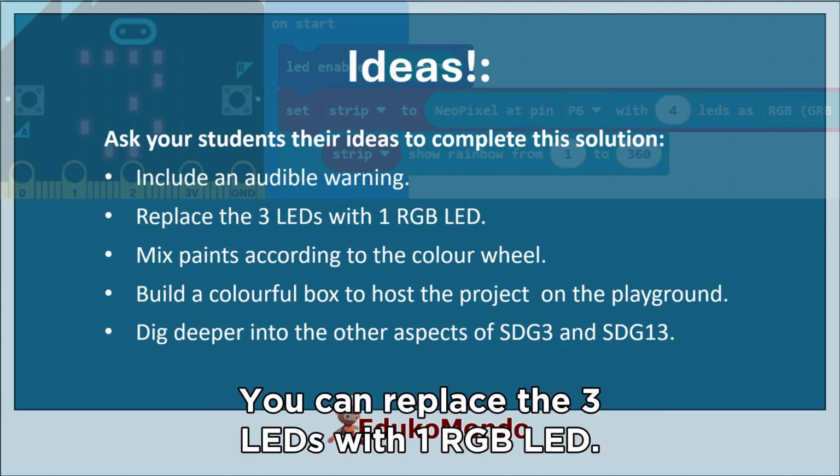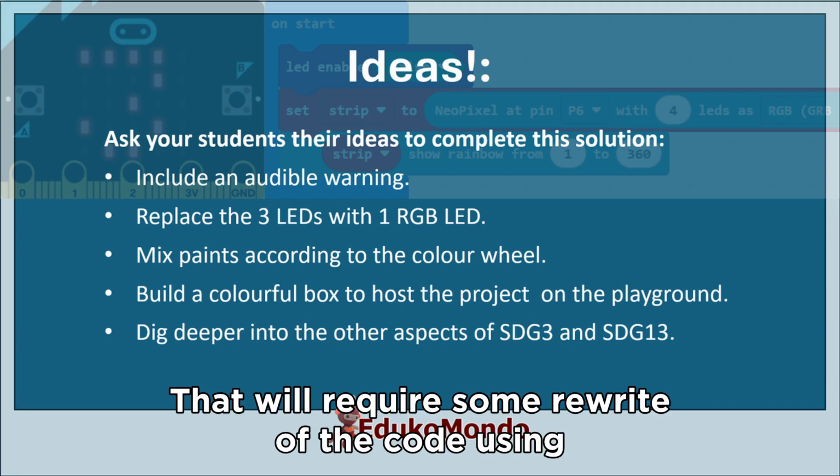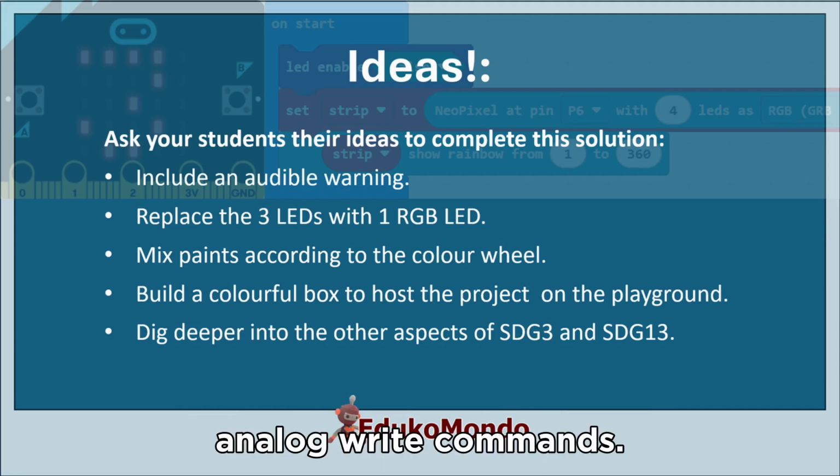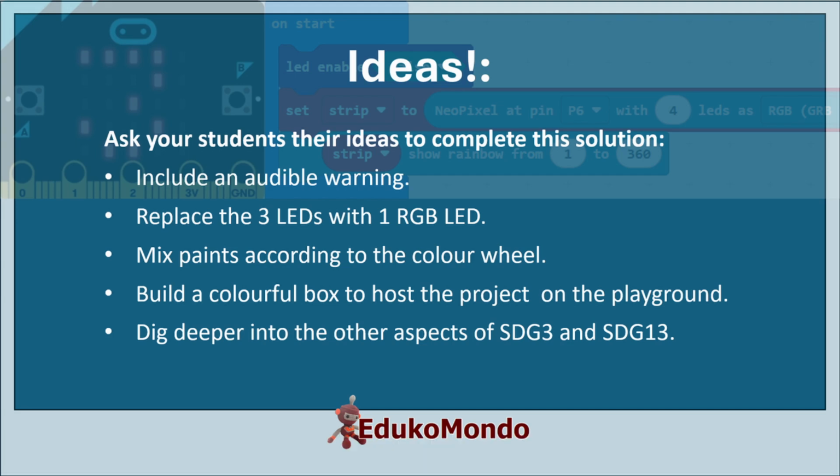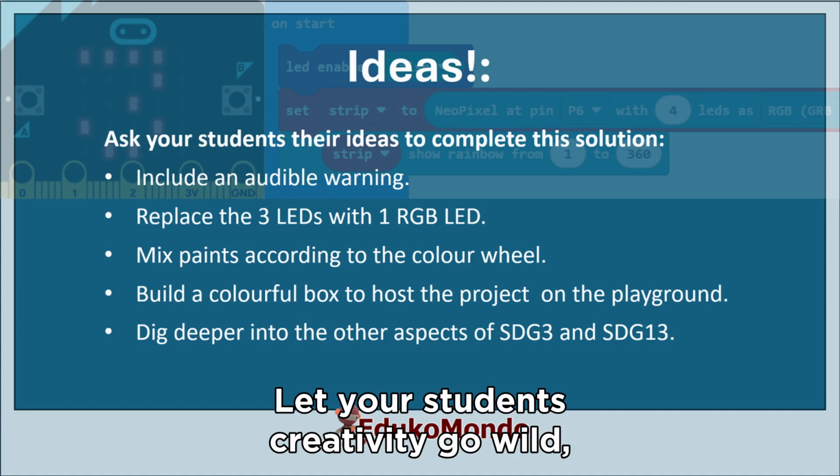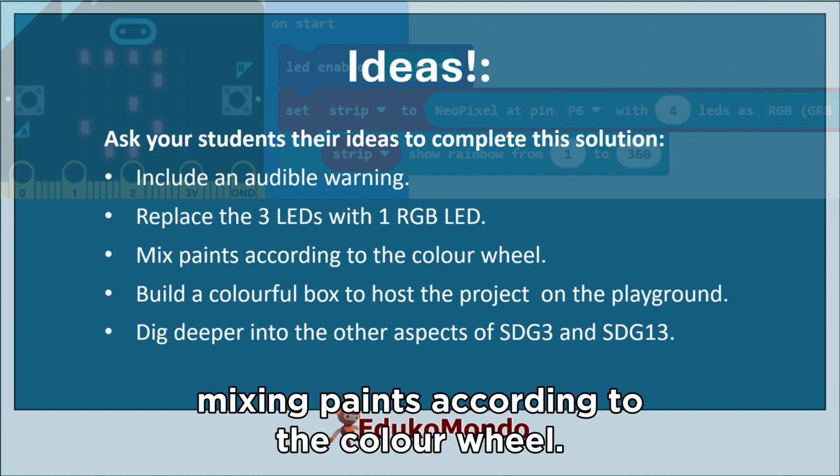You can replace the 3 LEDs with one RGB LED. That will require some rewrite of the code using analog write commands. Let your students' creativity go wild, mixing paints according to the color wheel.